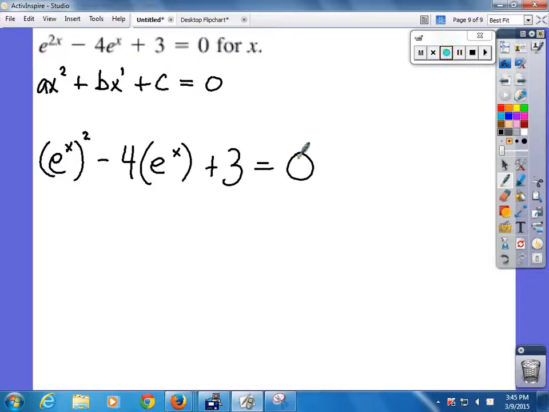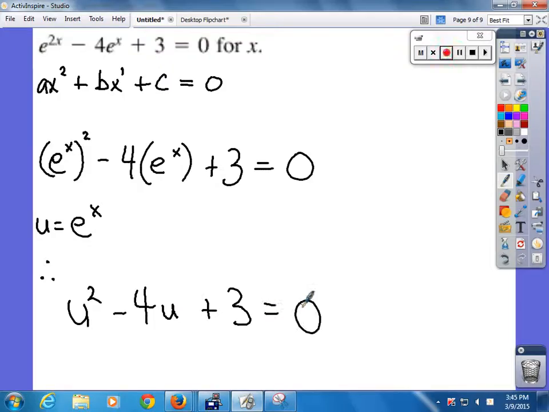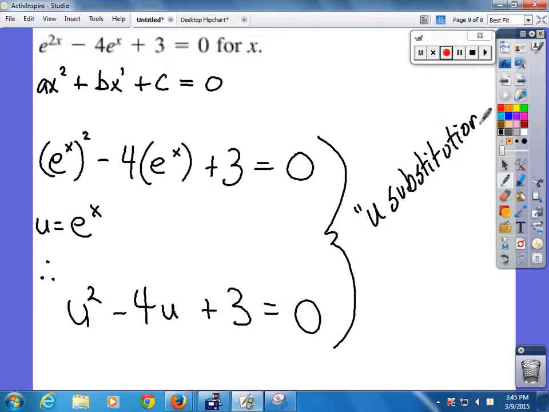So I could easily say that u is equal to e to the x. Therefore, I've got u squared minus 4u plus 3 is equal to 0. Now, from here to here, this is what we call u substitution.